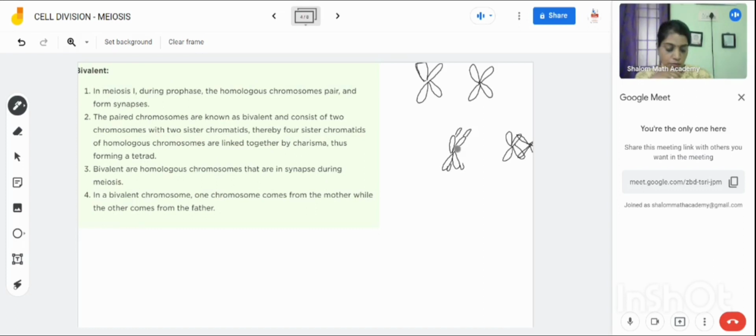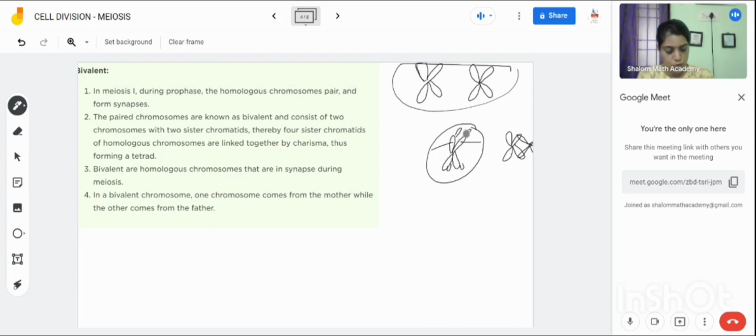So when I have these four chromatids, these two chromosomes together are a pair. This pair of homologous chromosomes, which lie over each other before crossing over, are called a bivalent. A bivalent consists of two chromosomes with two sister chromatids each, so there are four sister chromatids.